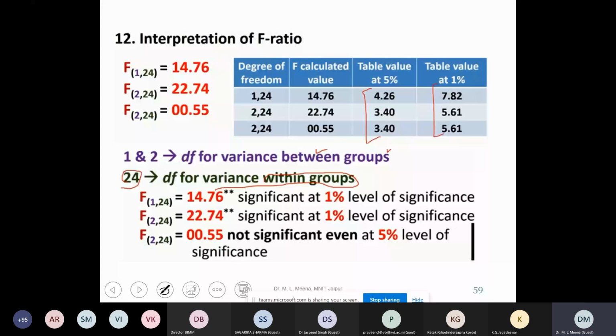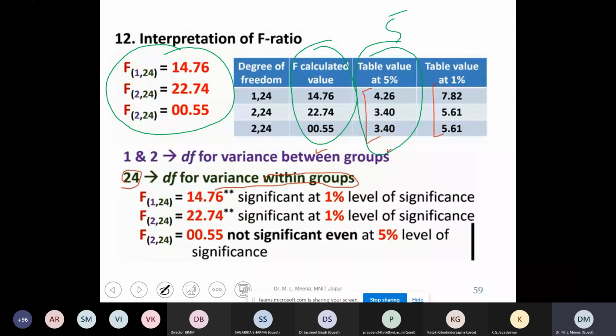So these values are found based on calculation manually, and these are the calculated values, these are the tabulated values at 5% level of significance, and these values at 1% level of significance.